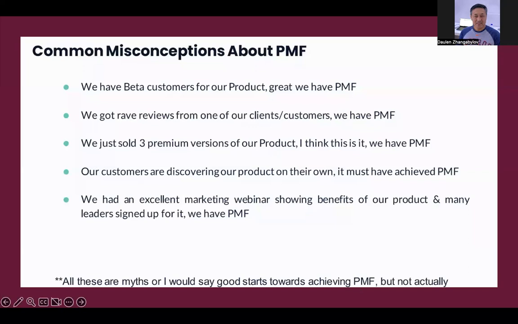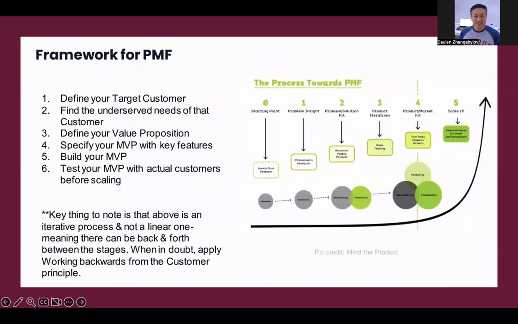So let's see the whole framework, because we spoke a lot about what PMF is, examples, and misconceptions. Let's see the framework itself, which is a really mind-blowing concept. First step, as you can see, stage 0 is our starting point. We define our target customer. It doesn't matter what type of business you do.